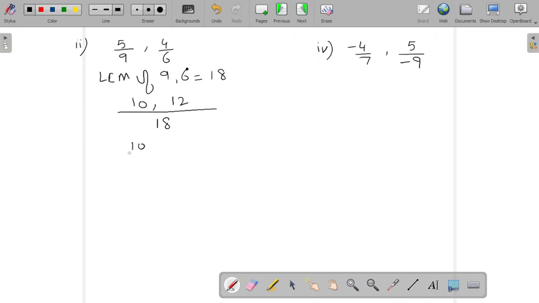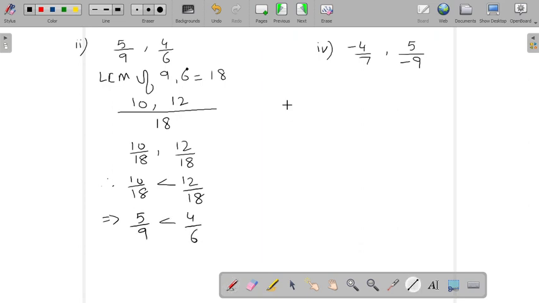Now write them separately. Now, what do you observe? You have to compare it. So this part is greater. Therefore 10 upon 18 is less than 12 upon 18. So this implies 5 by 9 is less than 4 by 6.